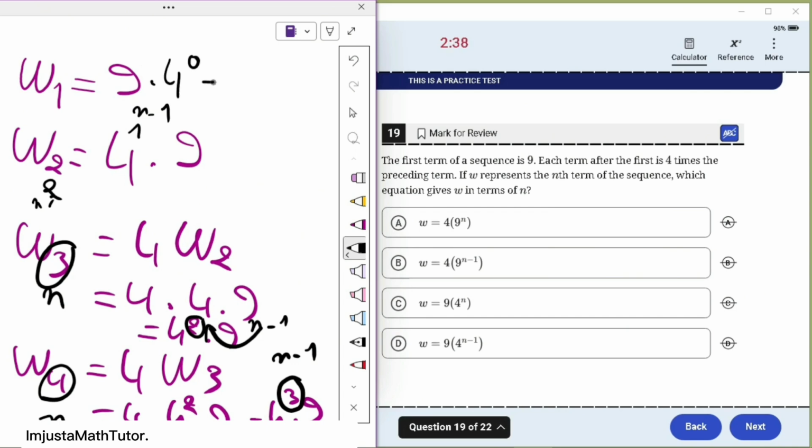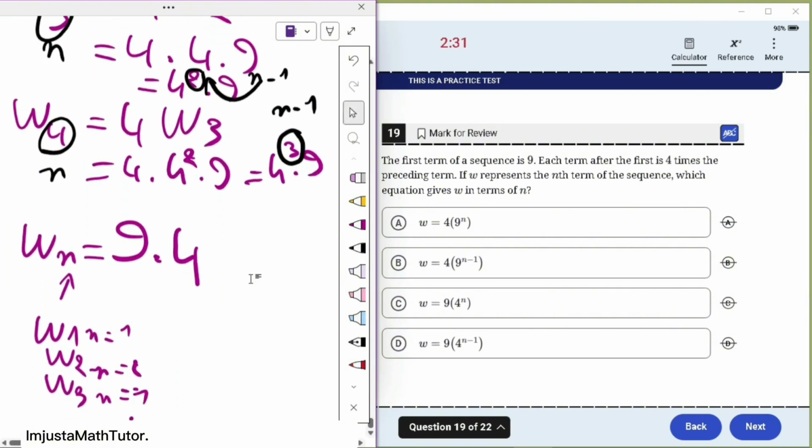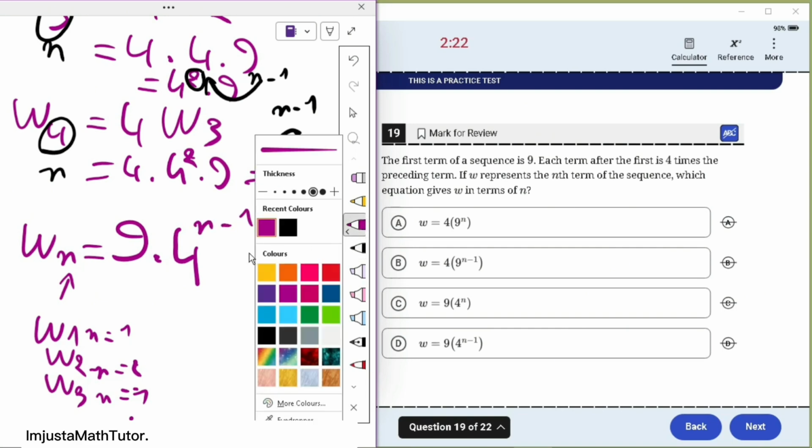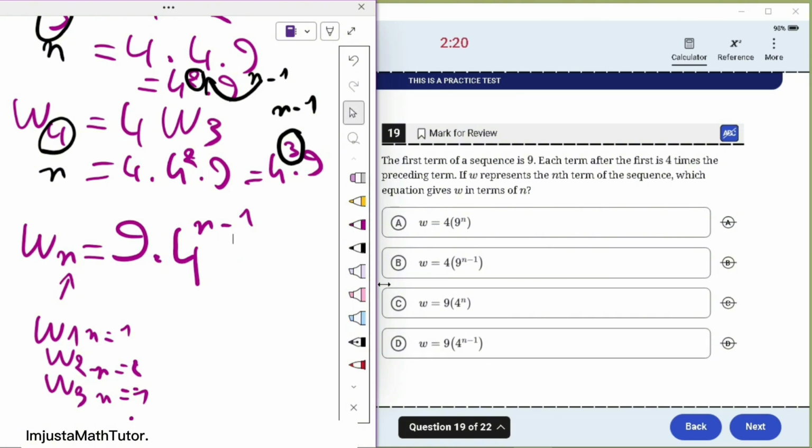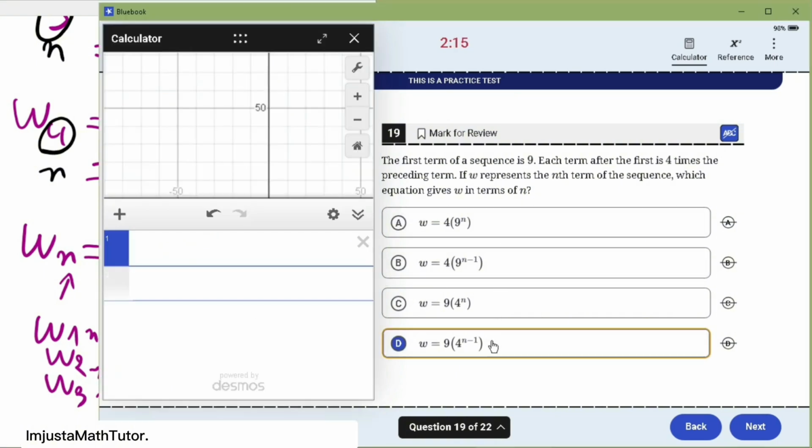And here it's times 4 to the power of 0, which is 1. So equals 9 times 1. So we noticed here that the power of 4 is always n minus 1. So here we put to the power of n minus 1. This is the pattern that repeats. Let's try to look for this in our answers, and we find that it's D.